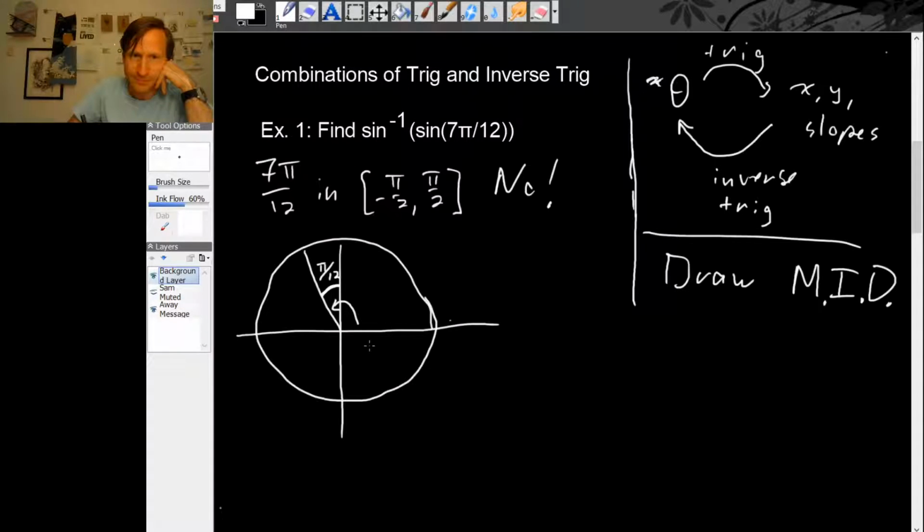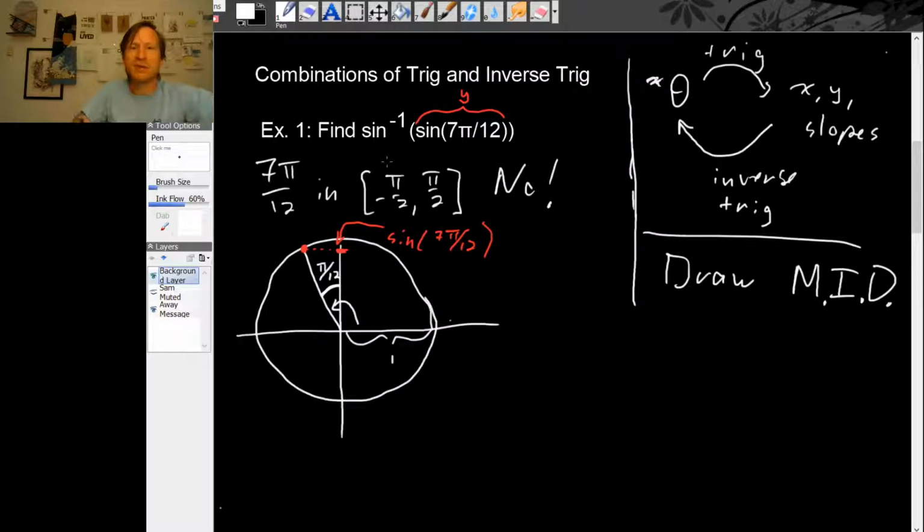Okay, so if we say that this is a unit circle, then sine of 7 pi over 12 is just the y coordinate on the unit circle. So sine of 7 pi over 12 is this y coordinate right here.